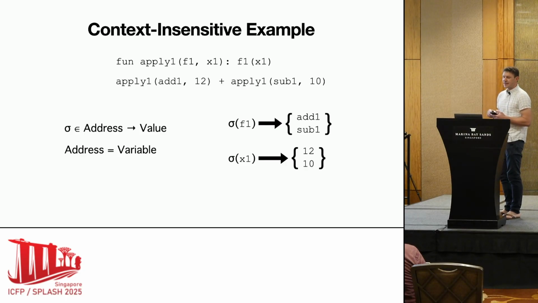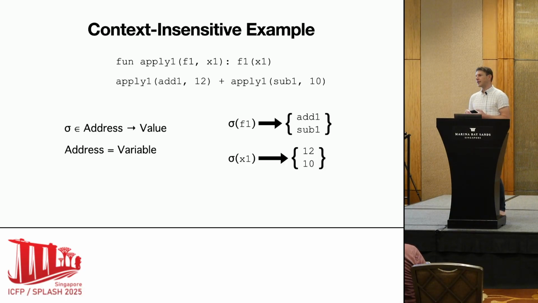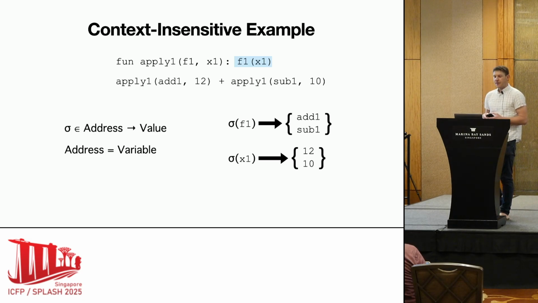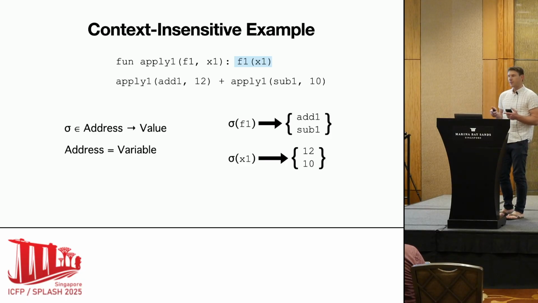And what that means is that every binding to the variable f1 and the variable x1 are going to be mapped in the same place in the store. And that means that there will be 2 values for each. So when the analyzer considers this function call, in order to be sound, it's got to consider every value mapped for those variables. And so the analyzer will associate add 1 with 10 and sub 1 with 12, associations that would never occur in the real program.